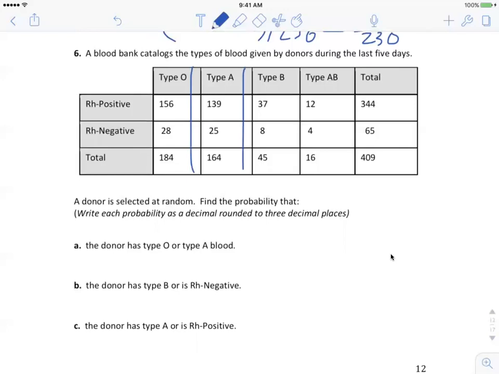Therefore, you can just add them together. So there are a total of 184 type O's, 164 type A's, and the common denominator for both of those would be the grand total of 409. Divided by the 409, okay?